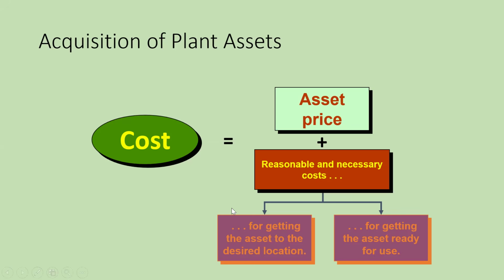Number two, for getting the asset ready for use, for example, installation charges for equipment or a computer, or testing charges. These are part of reasonable and necessary costs, so these costs will be added to the asset price.